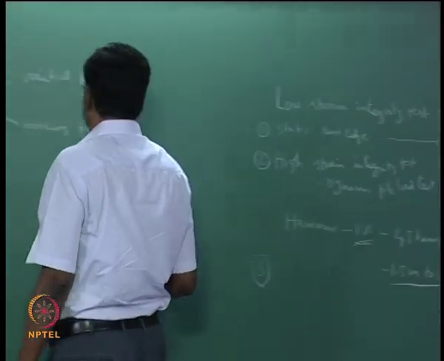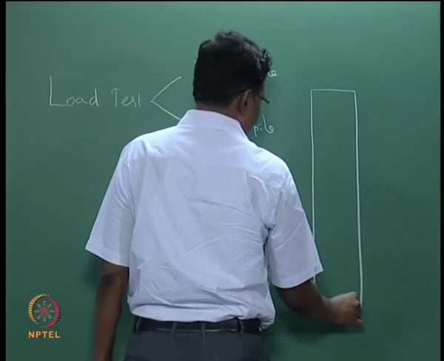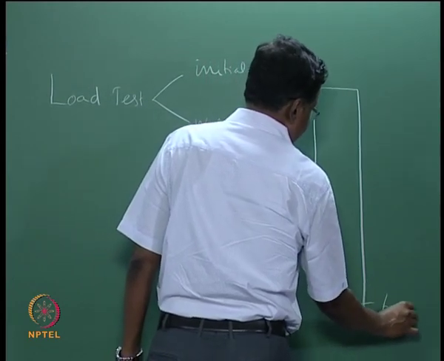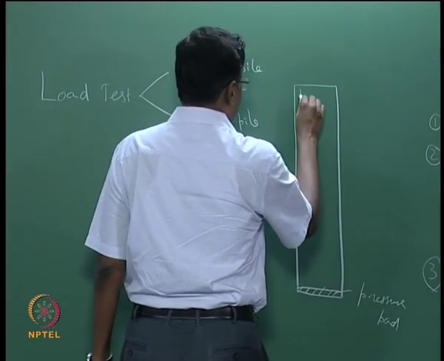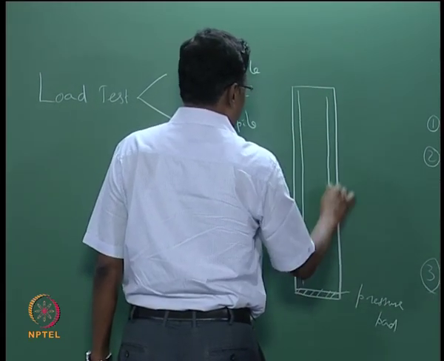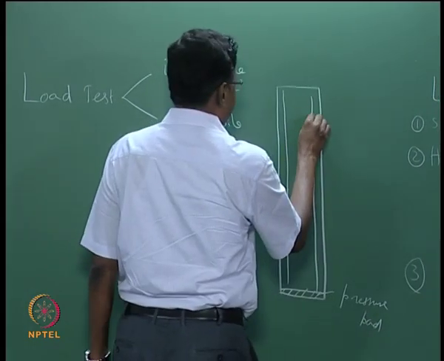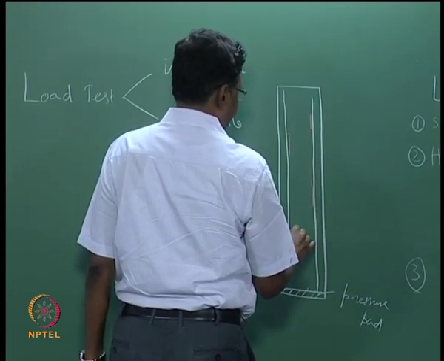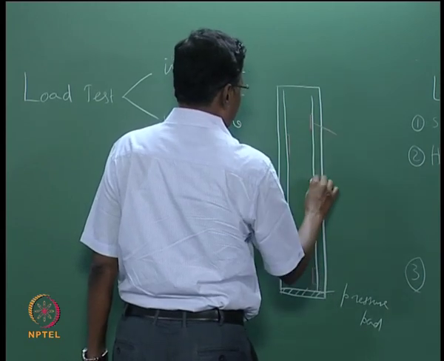See, what do we do in this case? So what we do is we have the pile, at the bottom of the pile we put a pressure pad, along with the reinforcements you attach load cells.